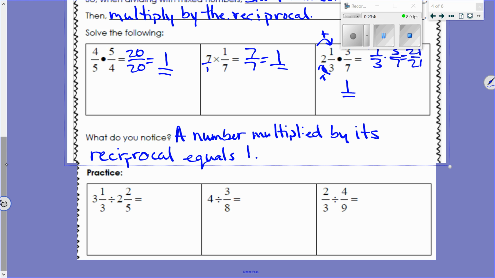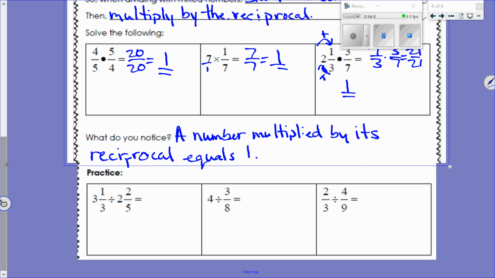And yes, that will always be the case. Again, that is technically the definition of a reciprocal: the number you multiply it by to get 1. Now mathematically, the easy way to do it is to say, flip the number. Okay? And this is why division works this way.